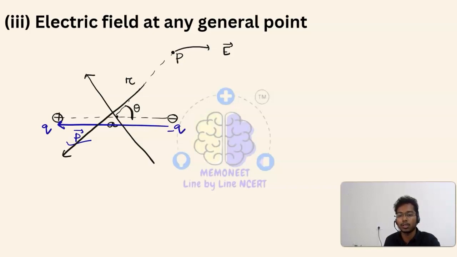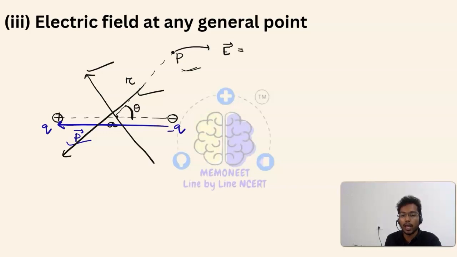So this will have the axial position and this will have the equatorial position. Basically, you have to break this vector into components so that this point lies on the axial and the equatorial line. Okay, so it will be easy for us to interpret.